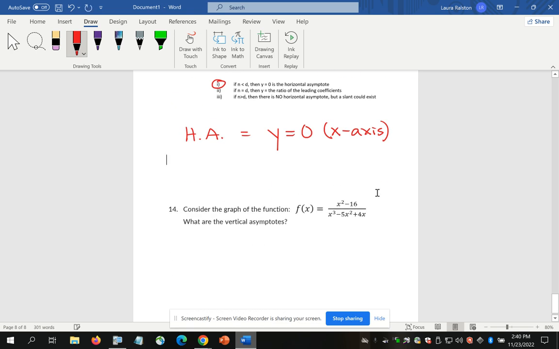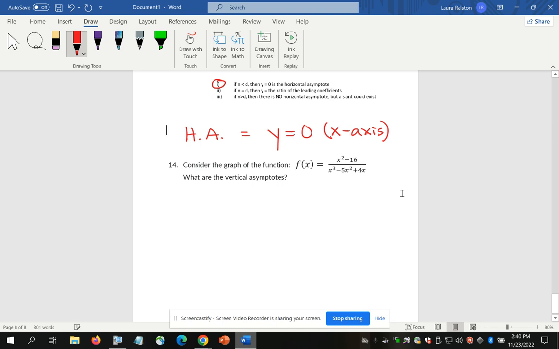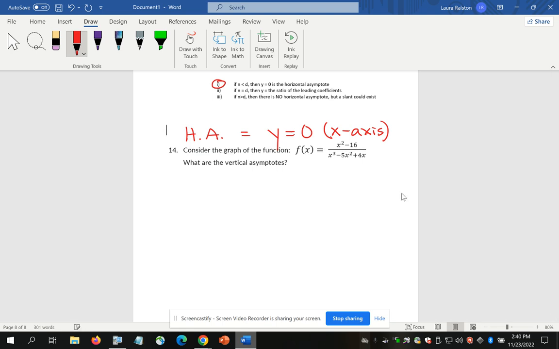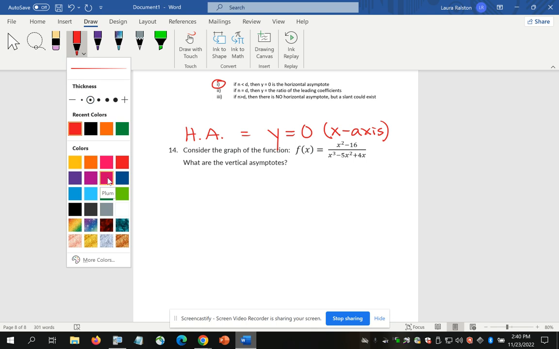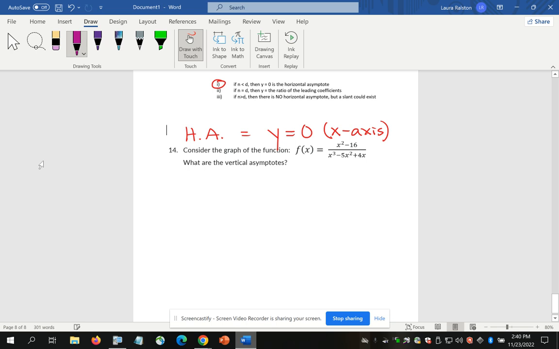The last question on the review has to do with finding the vertical asymptotes. The vertical asymptotes occur at the values of x that cause the denominator to be 0. But you have to simplify the rational expression first, and that tends to be the step that most students overlook.